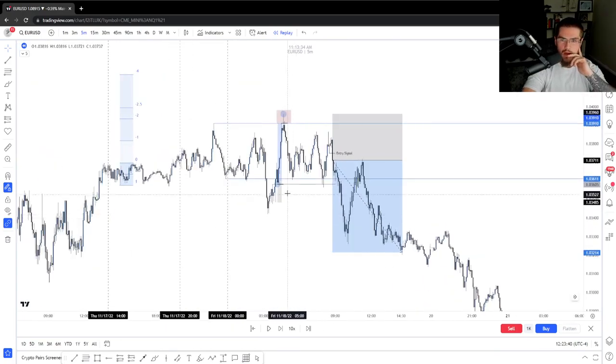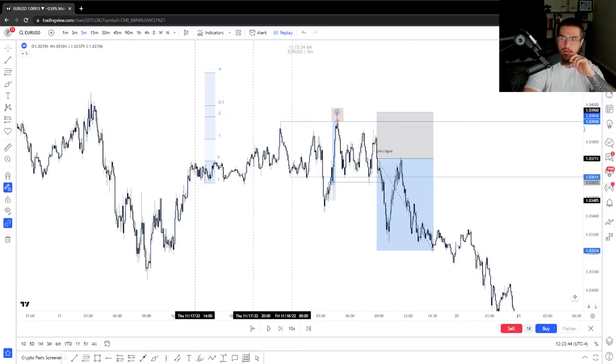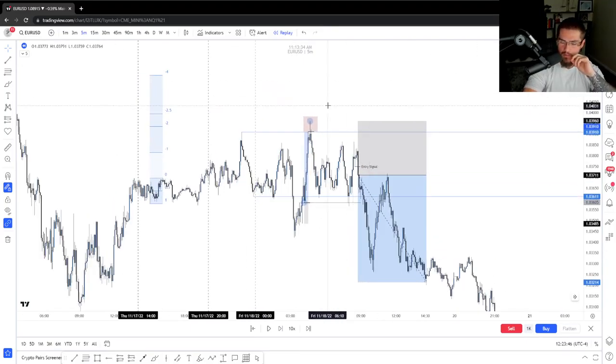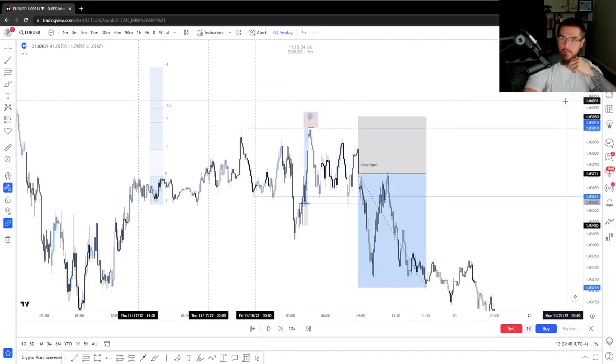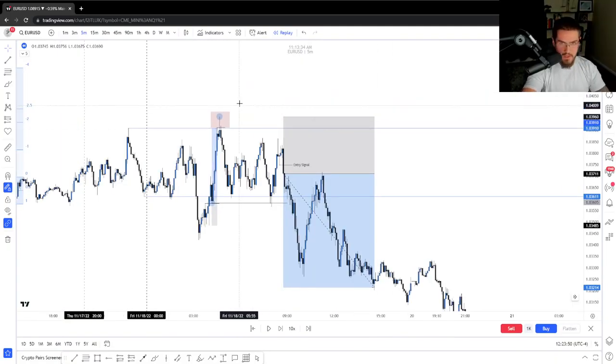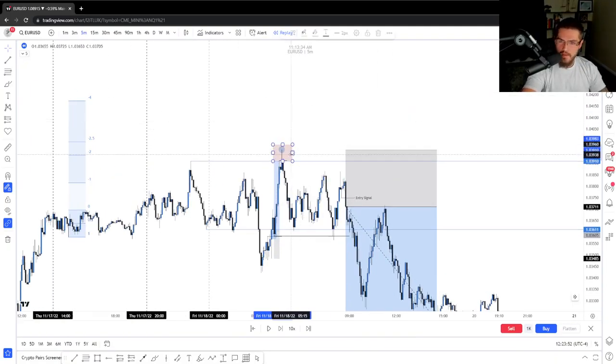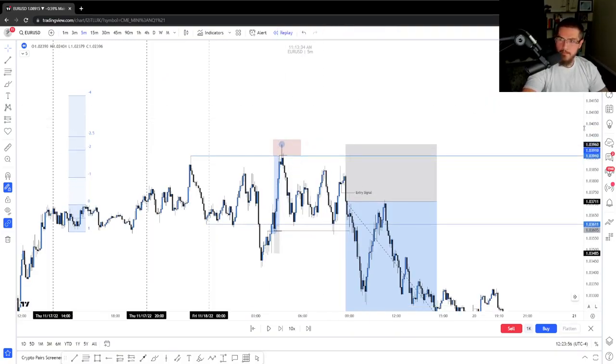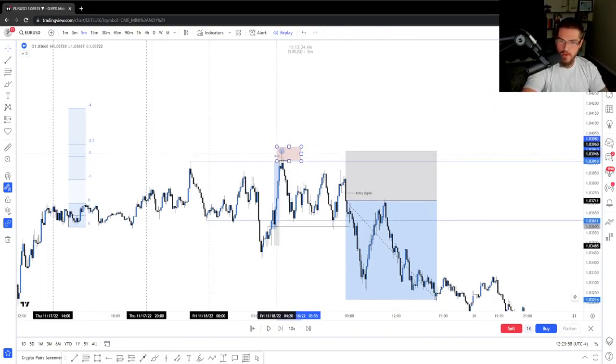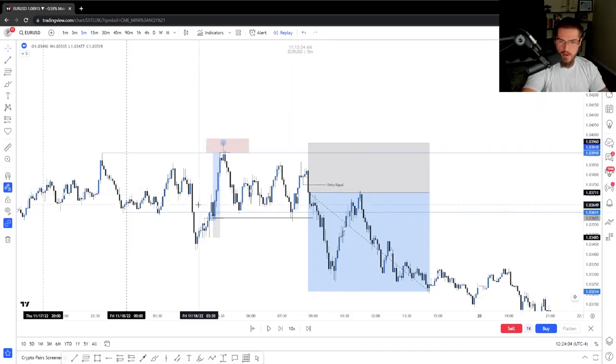So let's go back, and another thing that I want to talk on before I move any farther, because I know some people might be confused. This has to happen before you're even looking for this kind of setup, right? You could look at this as one setup as well.